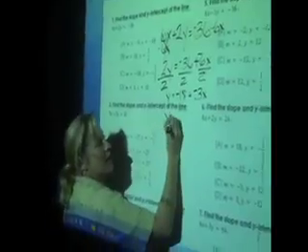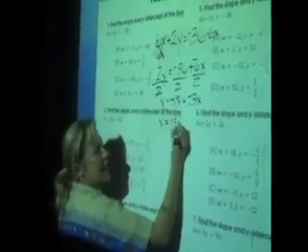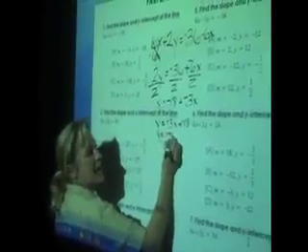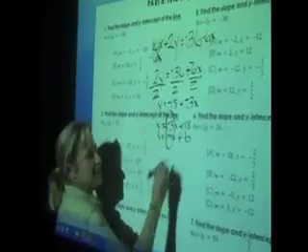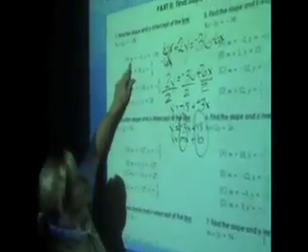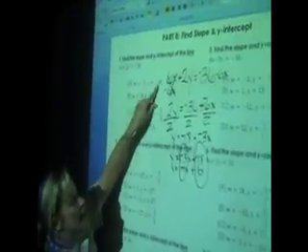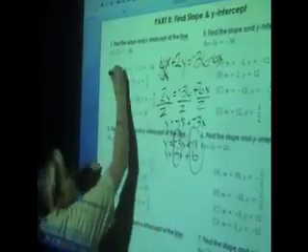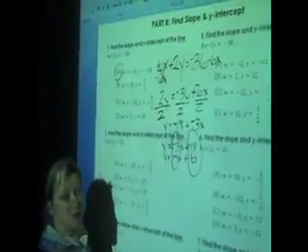So it is y equals negative 3x plus negative 18. What is your m? Negative 3. What is your b? Negative 18. That is your y-intercept. So what you will do, circle A. You have solved your first one.